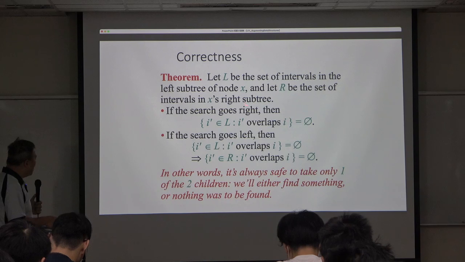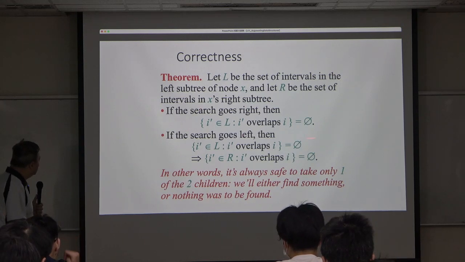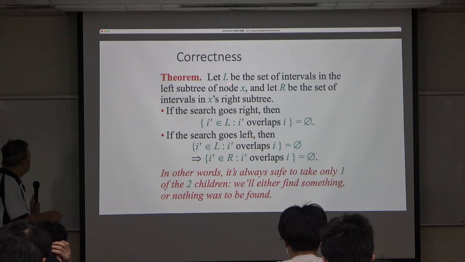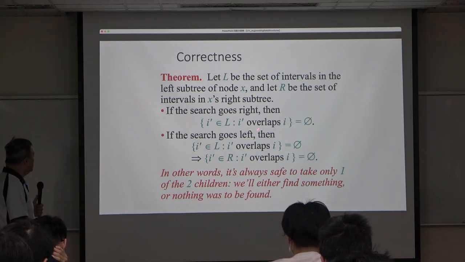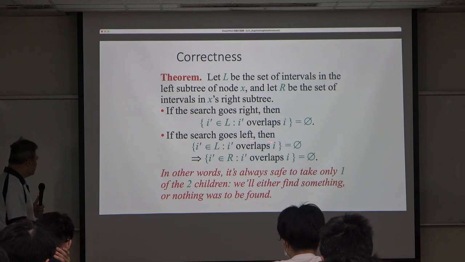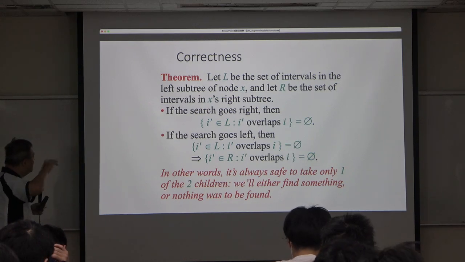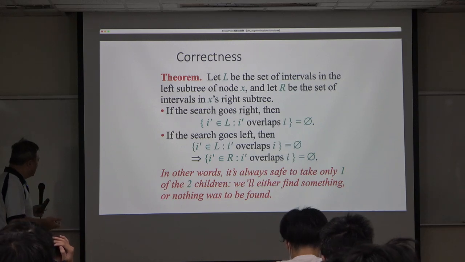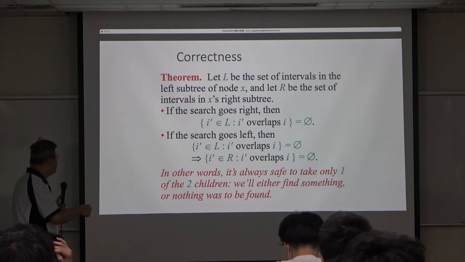If the search goes right, then we need to guarantee there's no interval in L that will overlap with I. On the other hand, if we go to the left, we need to prove that there's no interval stored in the right subtree that can overlap with I. So we need to guarantee this.